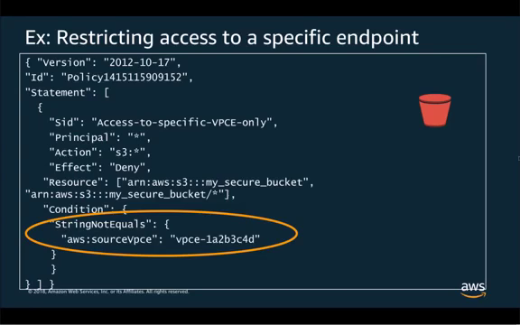So this hangs off the bucket that allows access to a specific bucket from this particular endpoint that has been highlighted here. The policy denies all access to the bucket if the specified endpoint is not being used. Similarly, you can define a specific VPC ID that will deny all access if the request is not coming from that particular VPC. So you combine these three together and you can control access to who is accessing your resource and from which VPC endpoint.